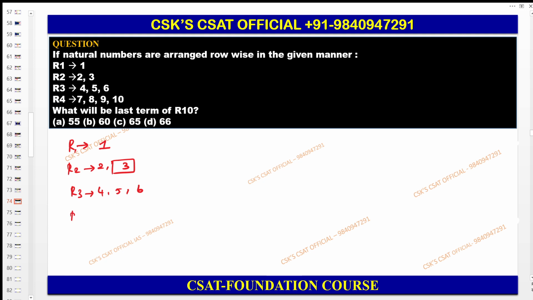What will you do here with respect to R4? Then R4 is 7, 8, 9, 10. Like this you need to do. It's a lengthiest process.